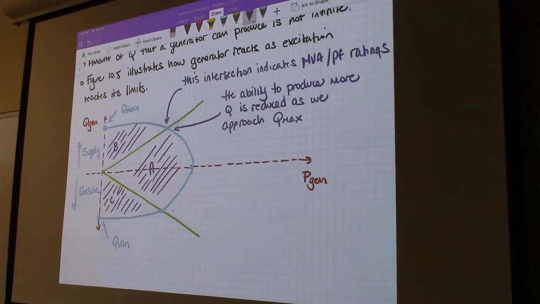So the rating could be right here, could be 10 MVA, and then the power factor angle would be whatever it's rated at, 30 degrees or so, and the two of those together would give you the intersection.